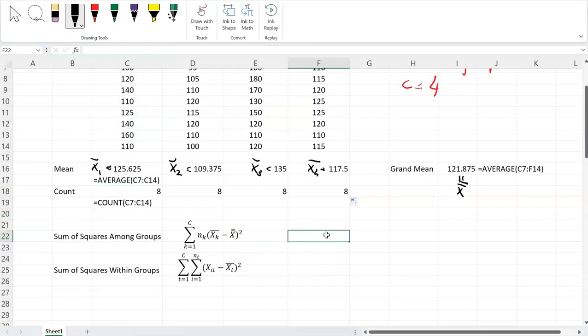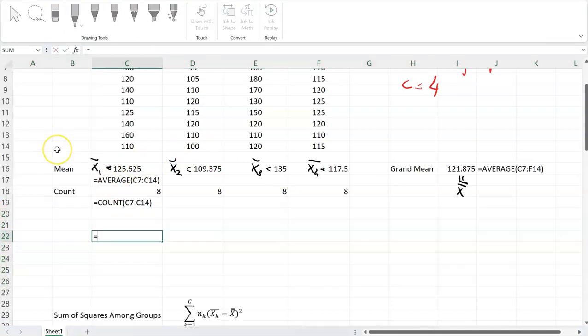So the first thing we do is, for each group, let me just insert a couple of rows here. First we need the count. So we take the count times the mean, subtract it from the grand mean, and then square it. So we will get a number like 112.5.